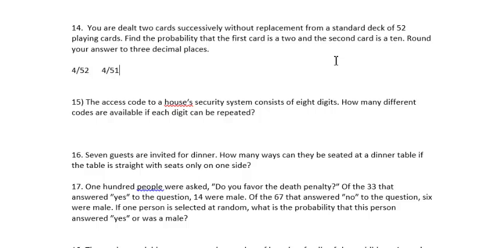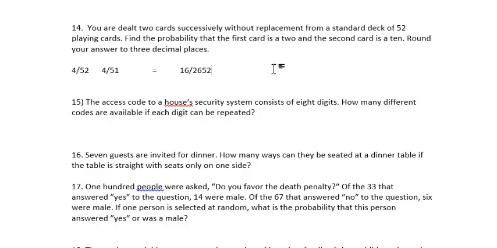So the probability of these two events happening is the top multiplied by the bottom. Now 4 times 4 is 16, and 51 times 52 equals 2652. So it's 16 divided by 2652. If you divide this, it asks you to round to get a decimal.